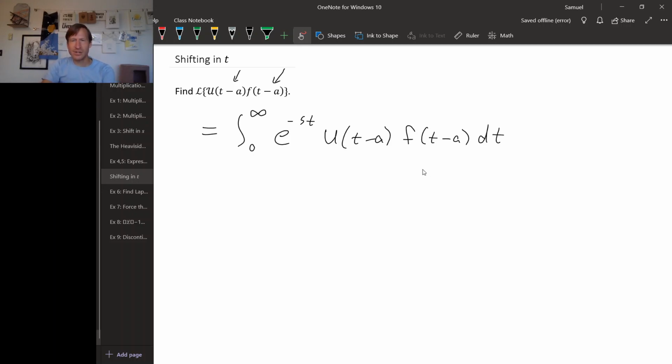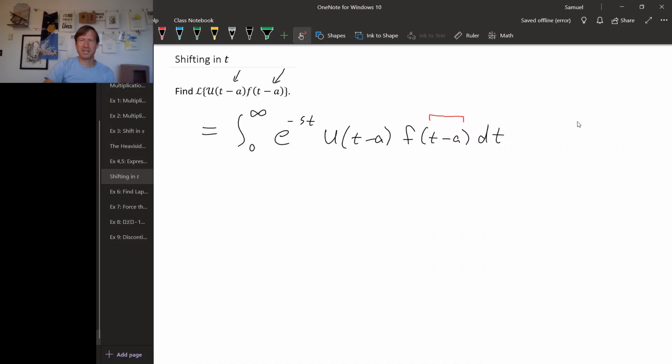To make any progress here, we expect that whatever this turns out to be, it will be in terms of the Laplace transform of f. So to have any hope of making the Laplace transform of f show up, inside of f we have to have just a variable, not a shifted variable. So this indicates that maybe we should make a substitution.